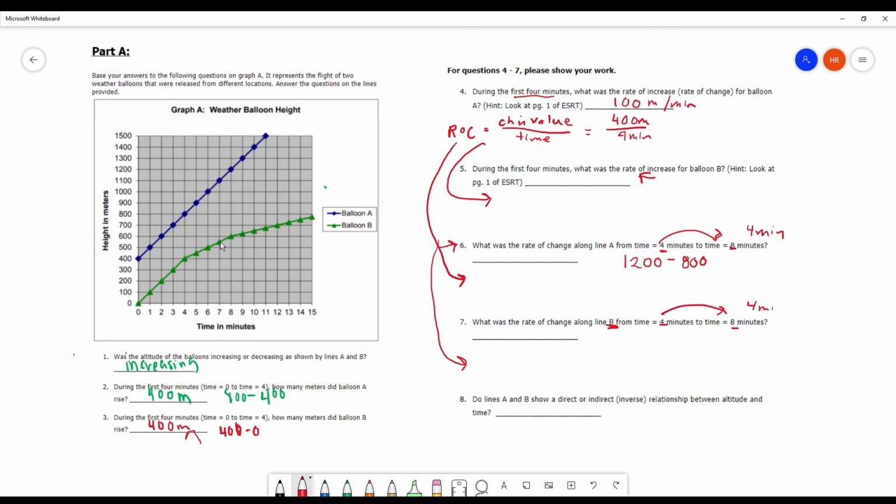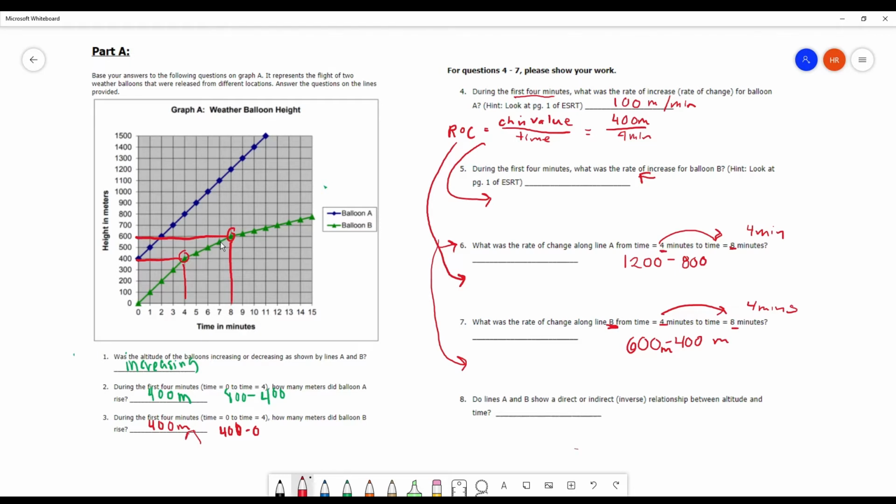Still 4 minutes of time, but let's see what the change in value is. 4 minutes is here at 400, and 8 minutes is here at 600. So you'll have to do 600 minus 400 meters. And then do your division, divide by time, and solve for it. And I think you can do that too.